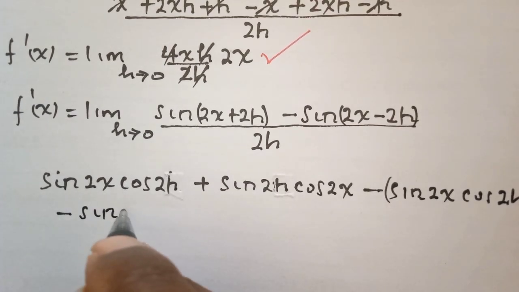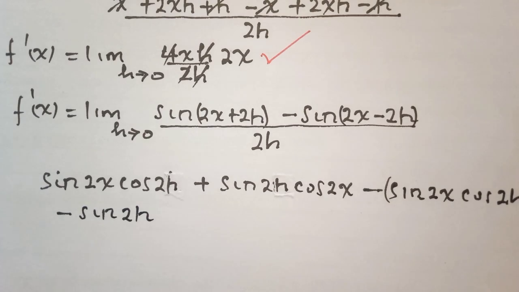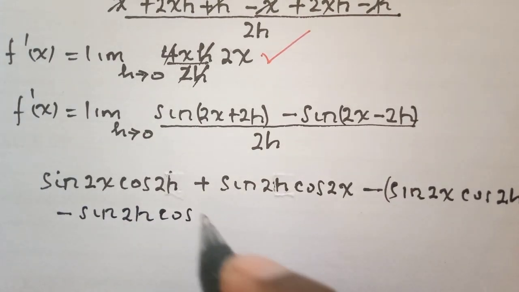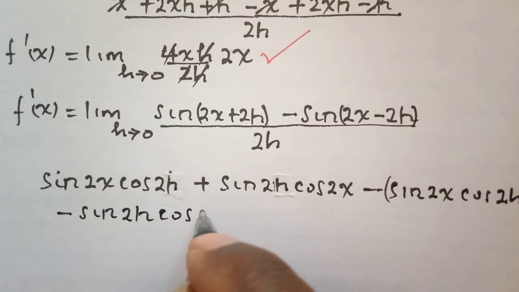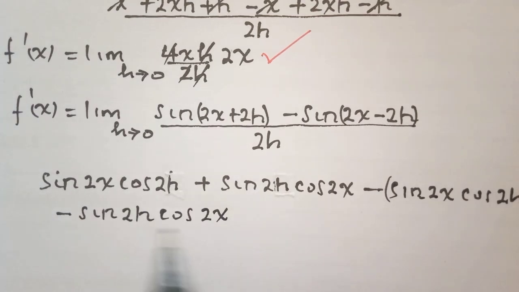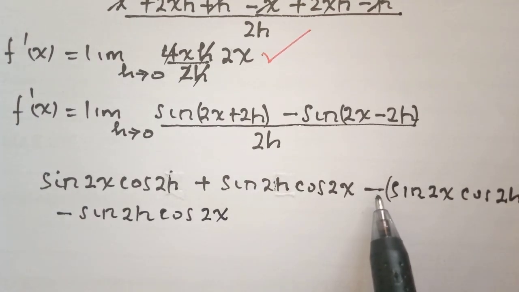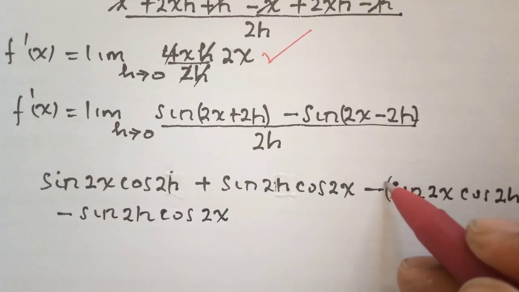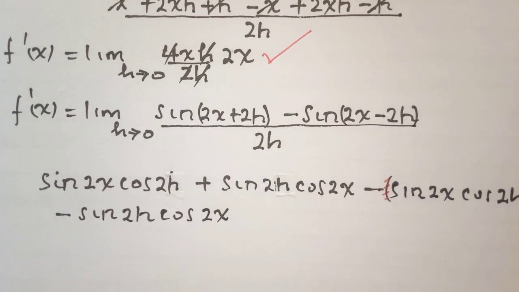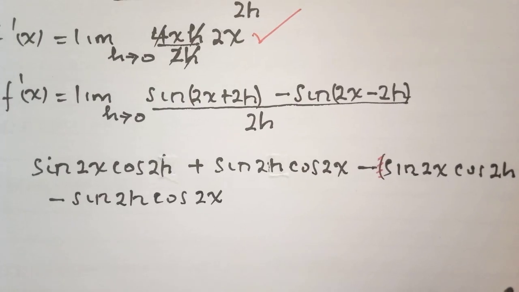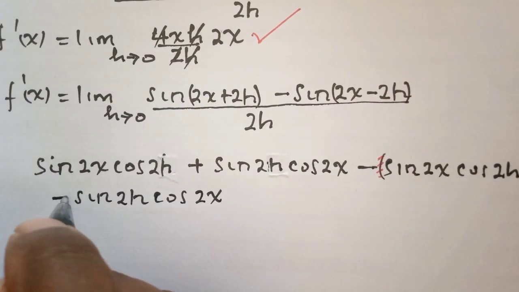Minus sine 2h cos 2x, like that. Now guys, because of this minus, removing this bracket, this one is now going to be plus. So I can now put a plus here, guys.